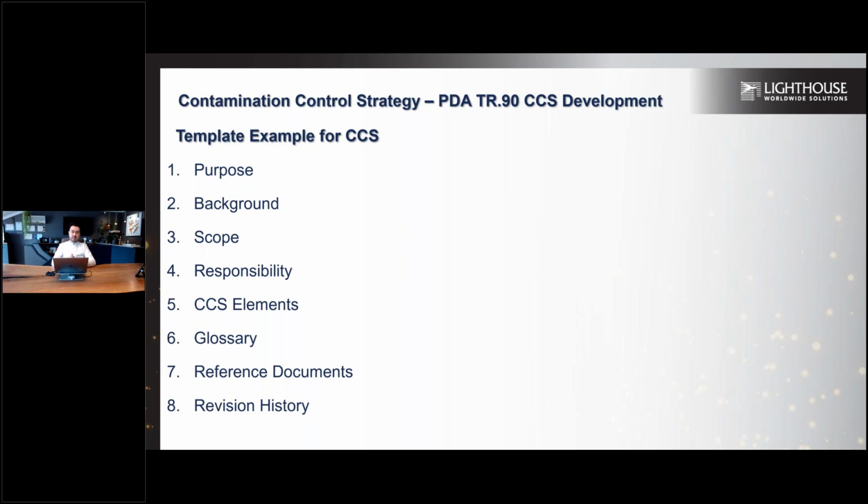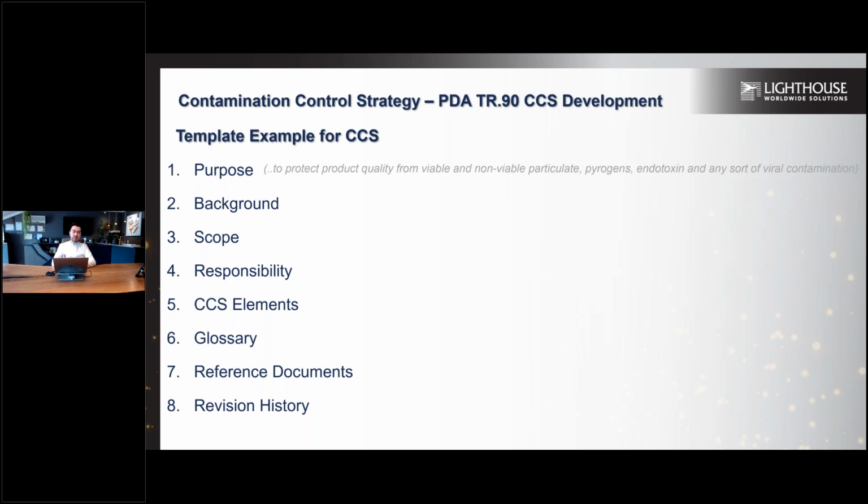Number 1 is the purpose. In this purpose part, you have to describe what is required, why you need this contamination control strategy document, by saying, for example, to protect product quality from viable and non-viable particulate, pyrogens, endotoxin, and any sort of viral contamination.